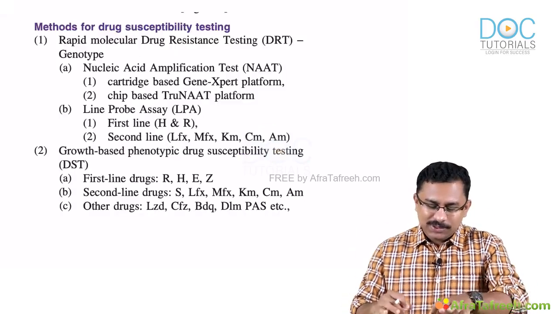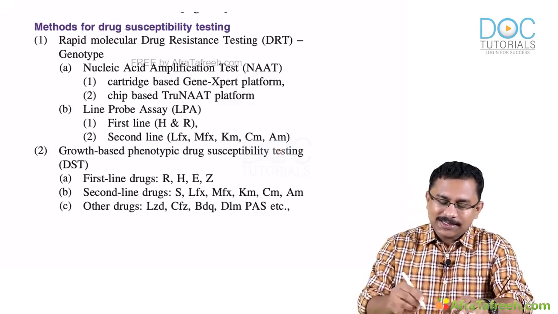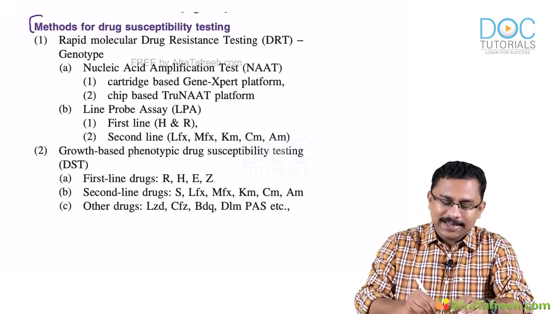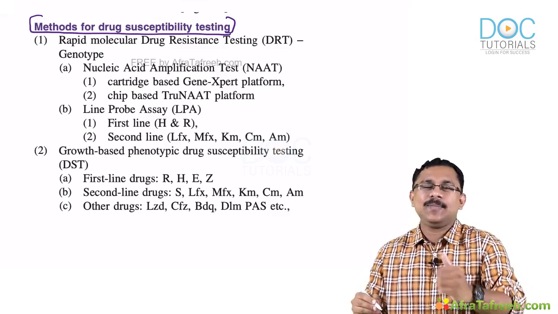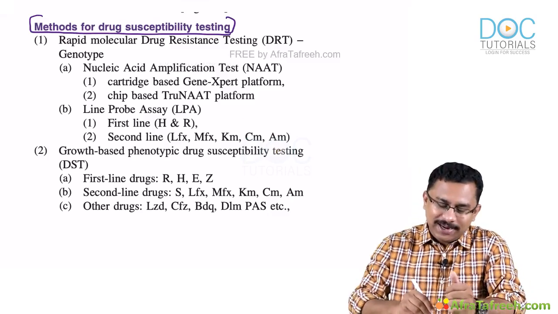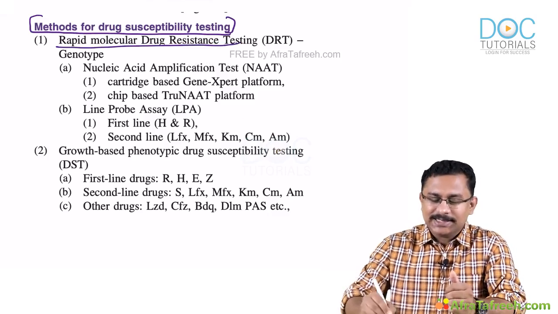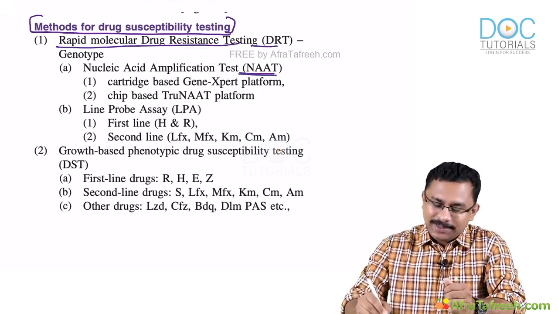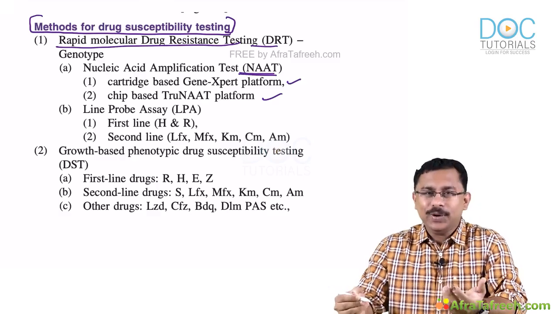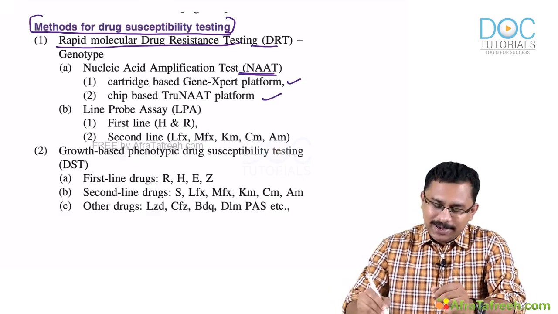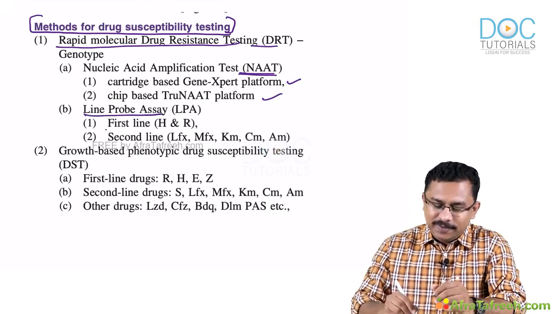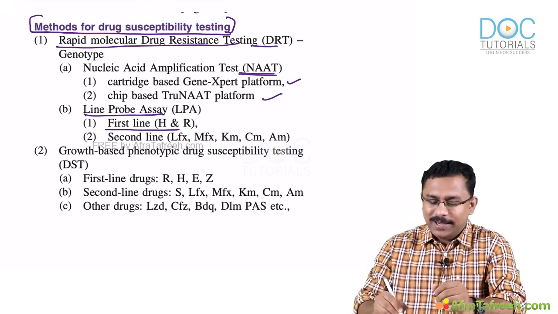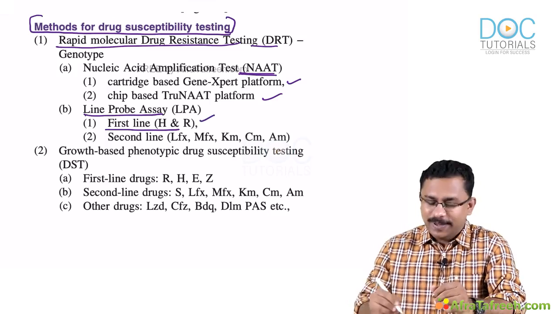So just to show you the methods of drug susceptibility testing advised by the NTEP, you have the rapid test, which we have just discussed, which is the nucleic acid amplification test, your CBNAT, as well as the TrueNAT, which is the Indian version, and also your line probe assays. You have the first line probe assay, where you can detect resistance to INH and rifampicin.